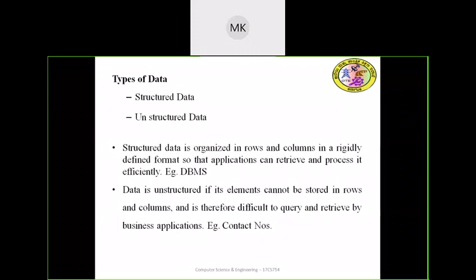The data is unstructured if its elements cannot be stored in rows and columns, and it is therefore difficult to query and retrieve by business applications. Examples are contact numbers, images, videos, and so on.